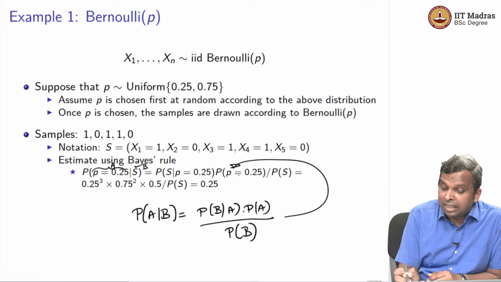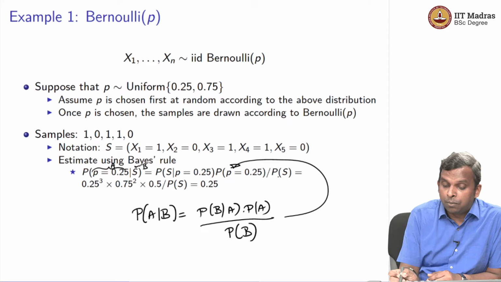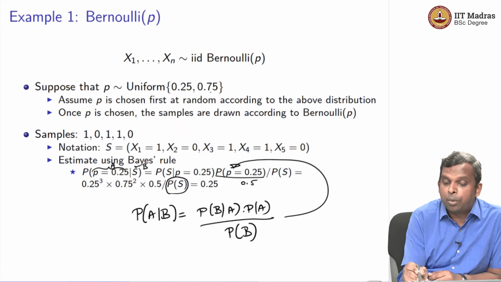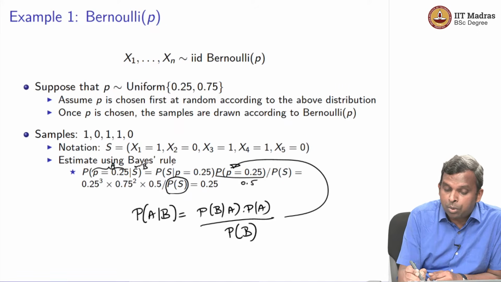Once you write it like this, all these terms are quite easy. This P of S I will come to a little bit later. But the probability that P equals 0.25 is just 0.5, because P is uniform over 0.25, 0.75. And what about the other term?